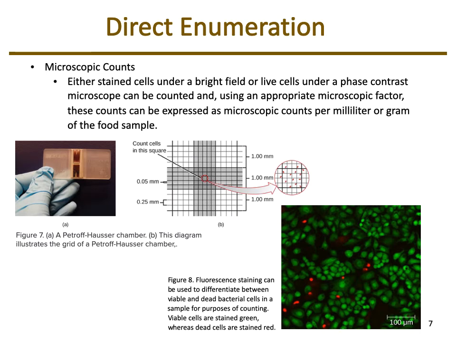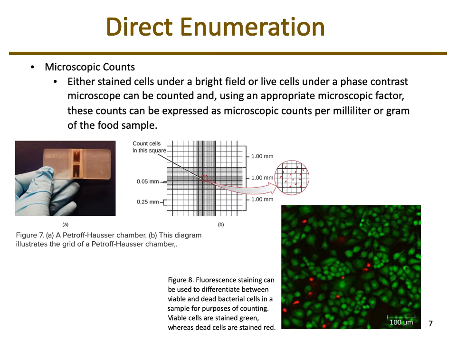So looking at quantitative and direct measuring or enumeration, we can do microscopic counts. In many cases, cells would be stained and then looked at under bright field, or in some cases they could be looked at with phase contrast if we were trying to look specifically at living cells.